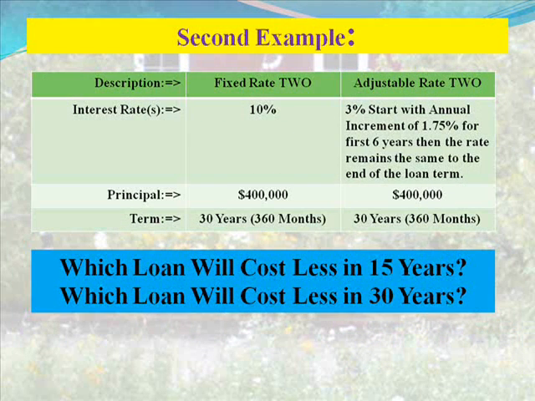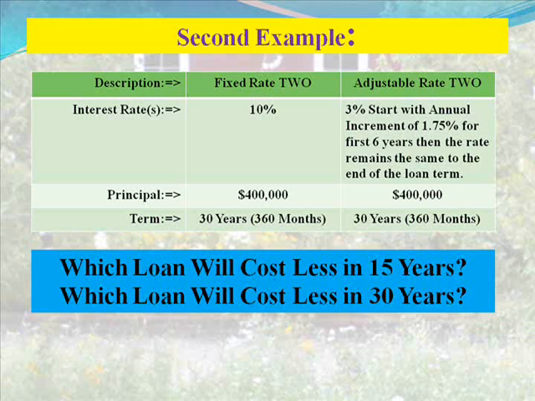Second example, I will also compare a fixed rate loan to an adjustable loan, but we'll change some of the parameters. For this fixed rate loan, the interest rate will be 10%. The principal will be $400,000, and the term will be 30 years, 360 months.